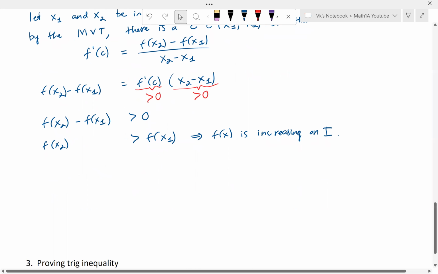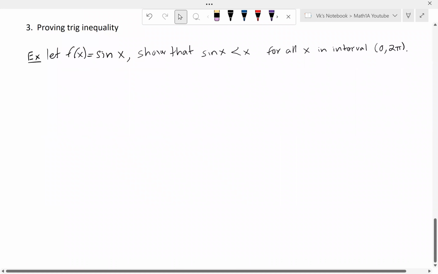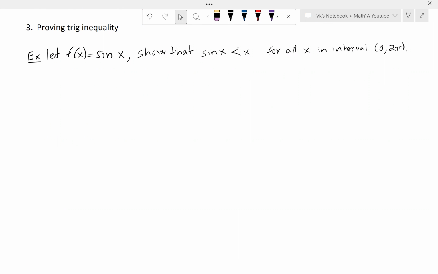We can also use the mean value theorem to prove a trig inequality. Let's take a look at an example. Let f(x) equal sin x. Show that sin x is less than x for all x in the interval 0 to 2 pi.